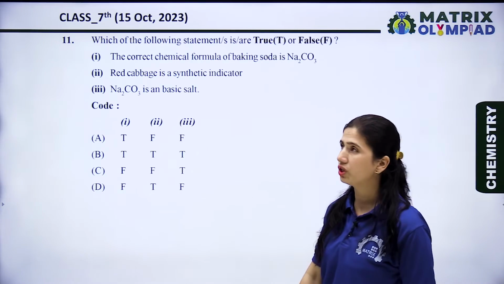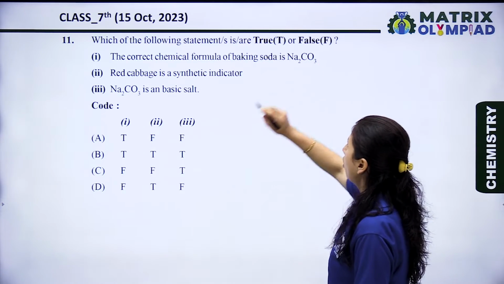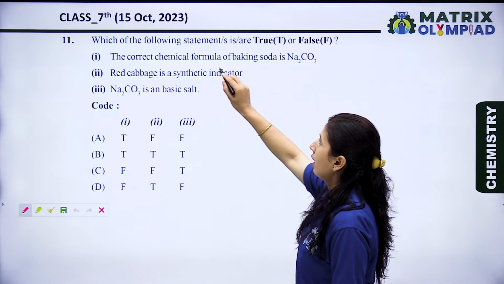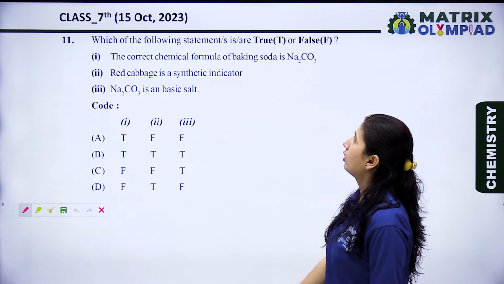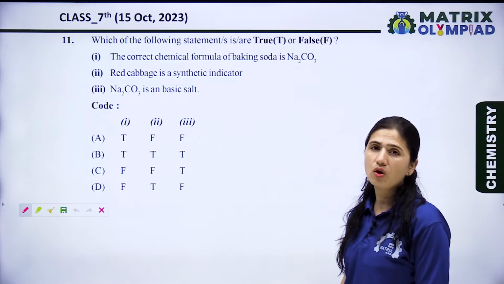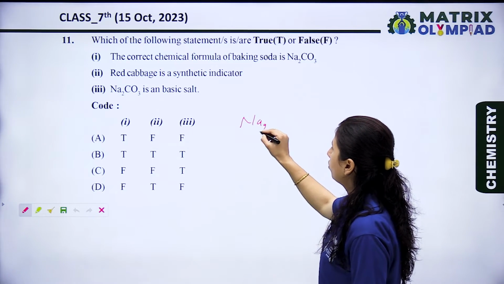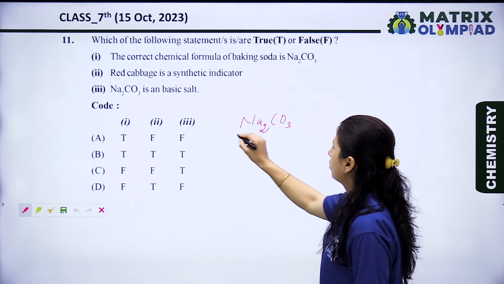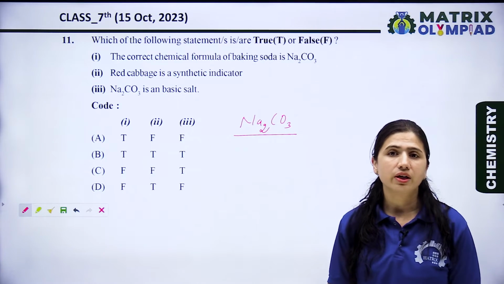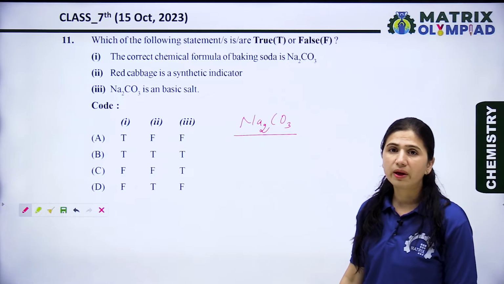Now, the next question is, which of the following statements is true or false? The first statement is, the correct chemical formula of baking soda is Na2CO3. This is completely a wrong statement because Na2CO3 is sodium carbonate, and sodium carbonate is the formula of washing soda, not baking soda.